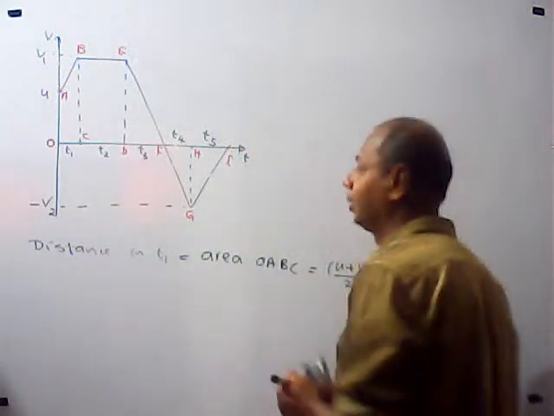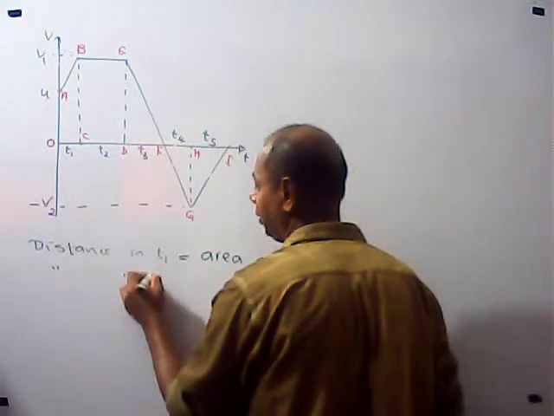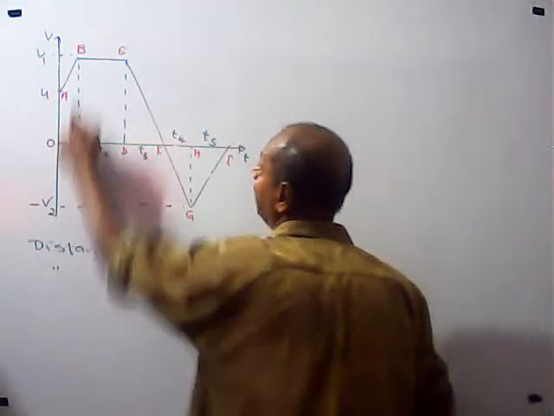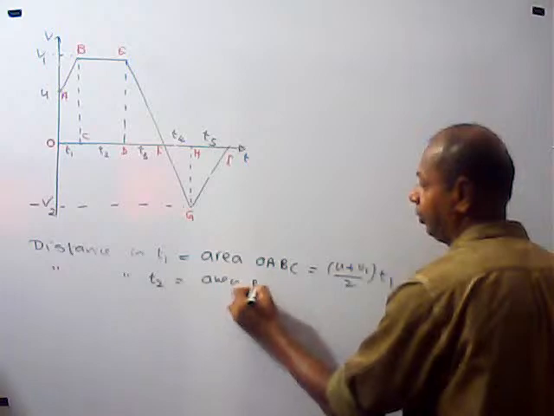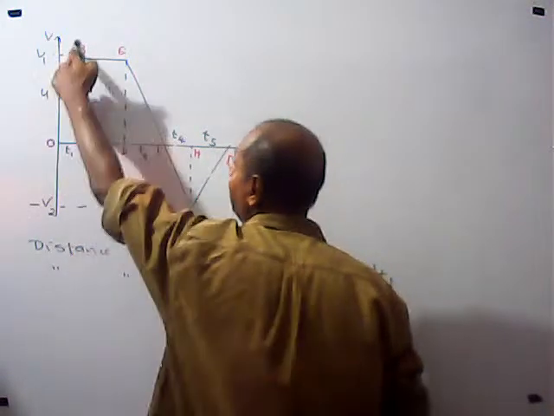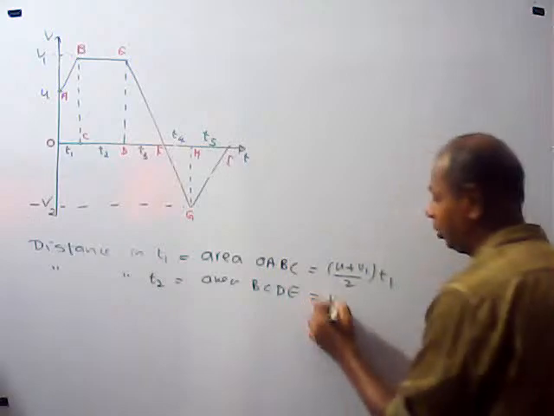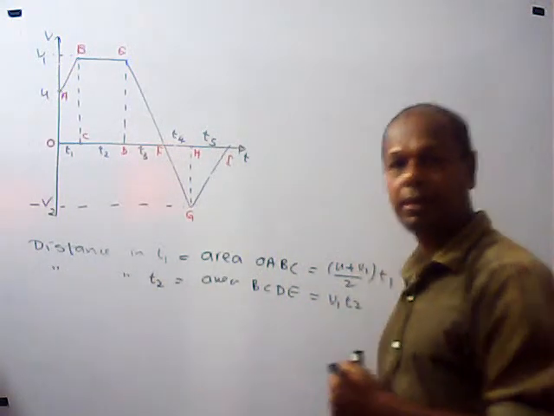Then distance traveled in T2 is equal to area BCDE. That will be equal to, it's a rectangle very easily, V1 into T2. I'm doing this problem so that you can point out any mistakes and correct them, right?